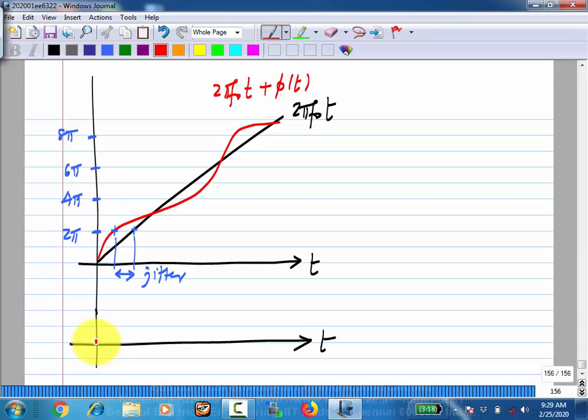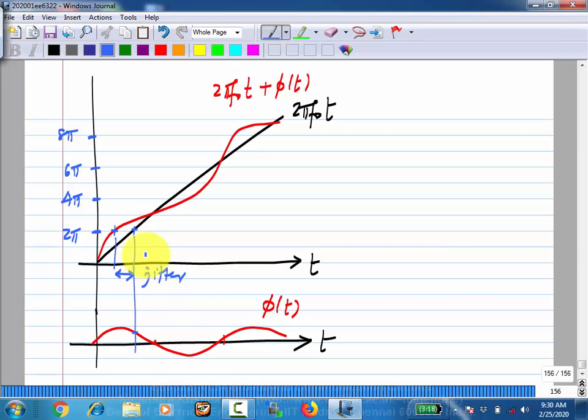So here I am plotting only phi of t, okay. So phi of t, this is just phi of t, okay. So now, solving for this instant is very difficult, right? So what you do is the following, and this works as long as the jitter is small and it has some limited bandwidth, so that basically over that small deviation it doesn't change by too much.